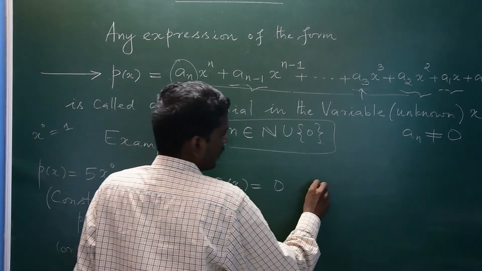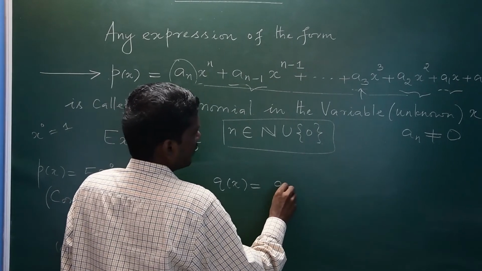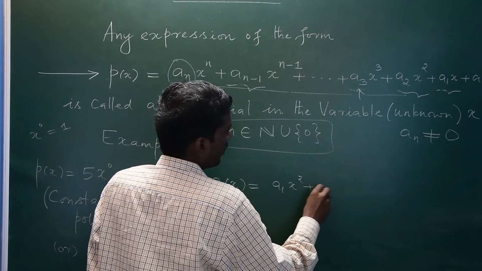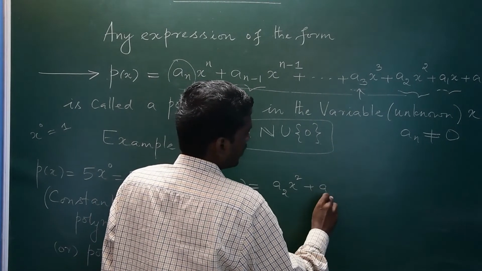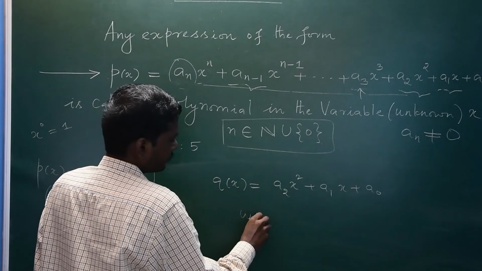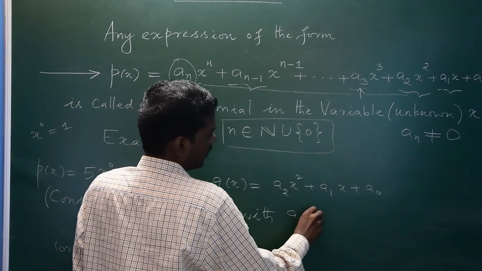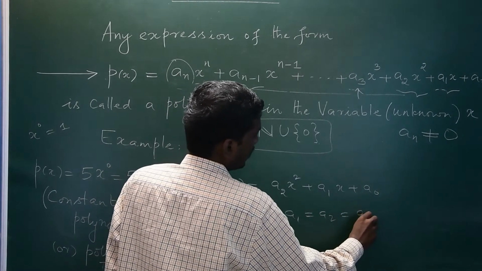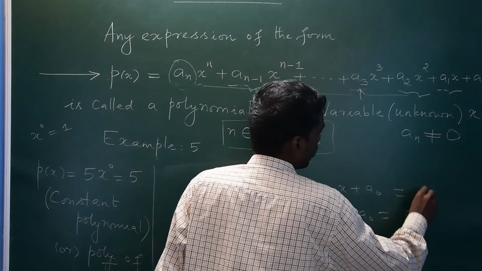If all the coefficients, suppose I write a2x square plus a1x plus a naught, with a2, a1, a naught all equal to 0, then it is going to be 0.